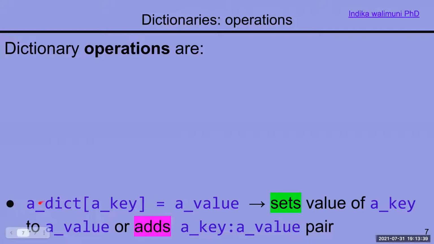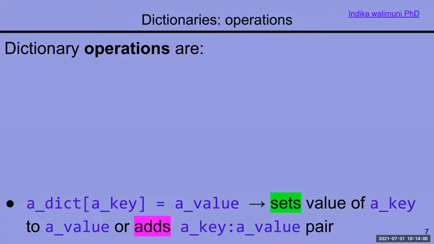Use the same indexing operator and pass the key, and if the key already exists and we put a new value, you can set a new value to the existing key. If there's no key, then we are adding that key, so we are basically adding a key value pair. Okay, all right, so let's check on that.